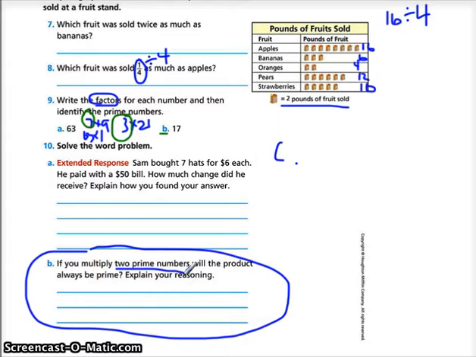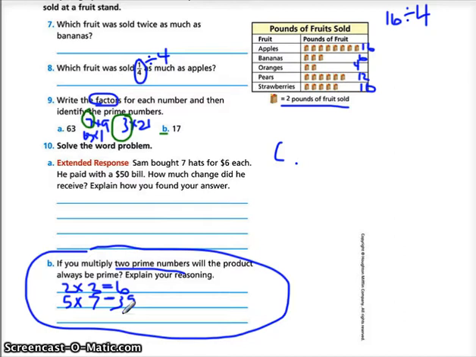2 prime numbers. I know 2 is a prime number, and I know 3 is a prime number. If I multiply those together, I get 6. Is 6 a prime number? No. 5 is a prime number, and 7 is a prime number. 35, is that prime?